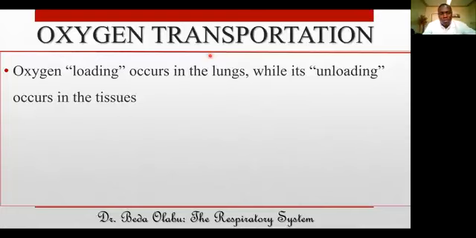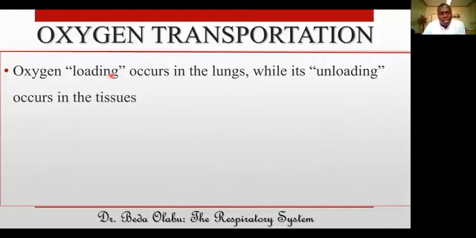So the loading of oxygen occurs in the lungs. Remember, blood is what is transporting the gases, by the way. I made that assumption. Remember, the gases are being transported by blood. So we want to see how blood transports the two types of gases within the body.